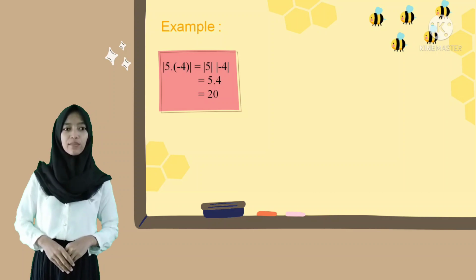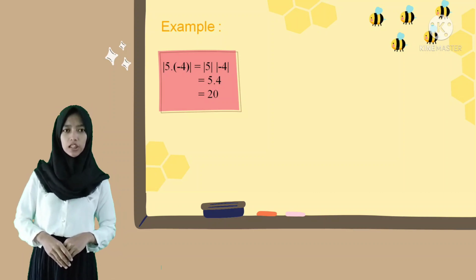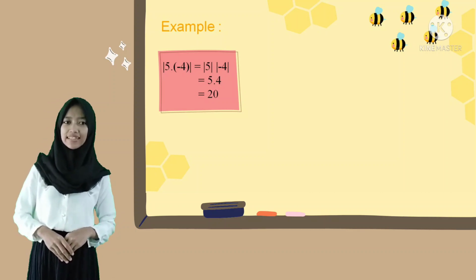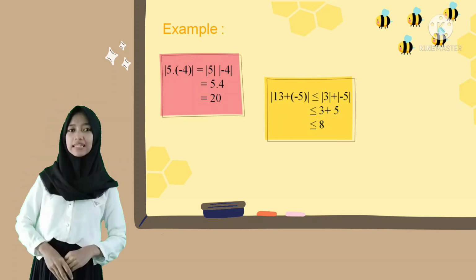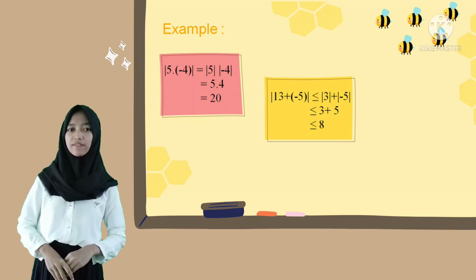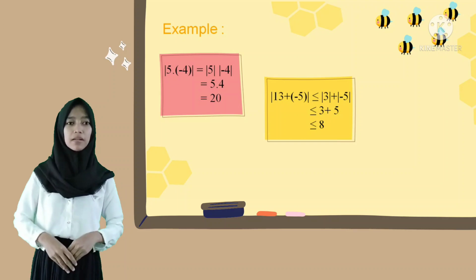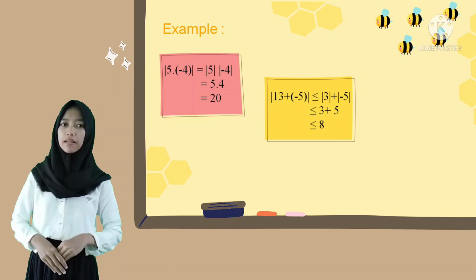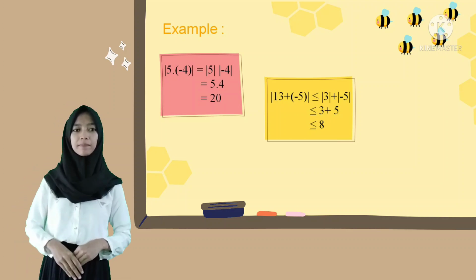Example, absolute value of 5 times minus 4 equals absolute value of 5 times absolute value of minus 4. And we can get 5 times 4 equals 20. So, absolute value of 5 times minus 4 equals 20. Absolute value of 3 plus minus 5 is less than or equal to absolute value of 3 plus absolute value of 5. After that, 3 plus 5 equals 8. So, absolute value of 3 plus minus 5 is less than or equal to 8.